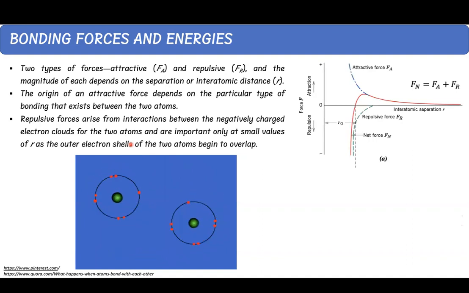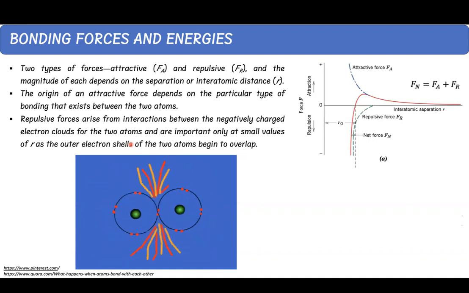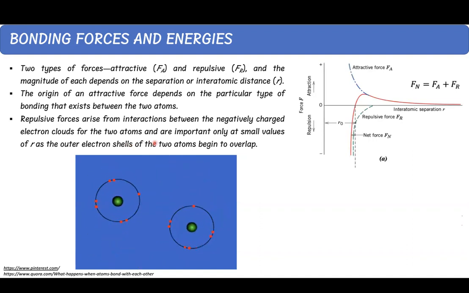When you look at the graph on the right side, the vertical line shows the attractive force to the top and the repulsive force to the bottom. And the horizontal line represents the distance between the two atoms.